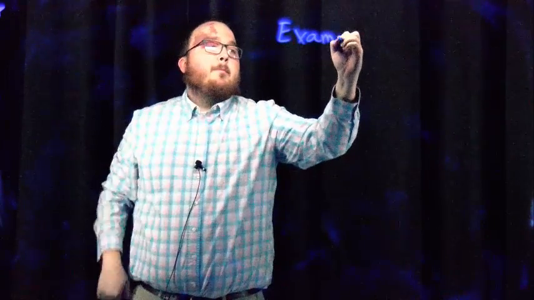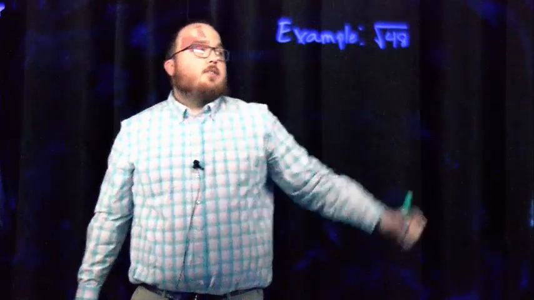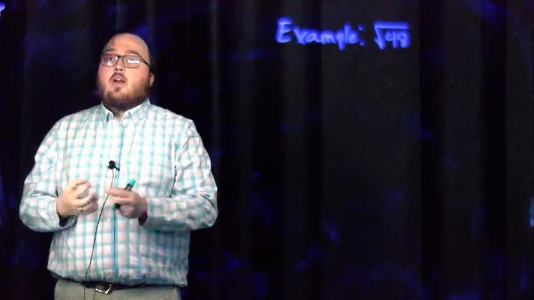Now let's see exactly what I mean by this. Let's do the example. Square root of 48. We're working with the square root of 48. 48 is not a square. There's not something I can square to get that.